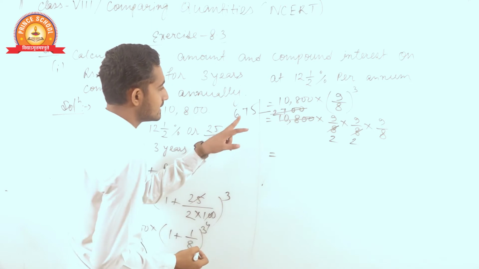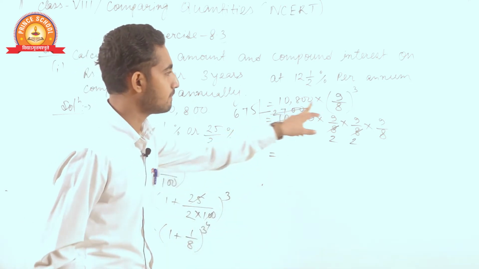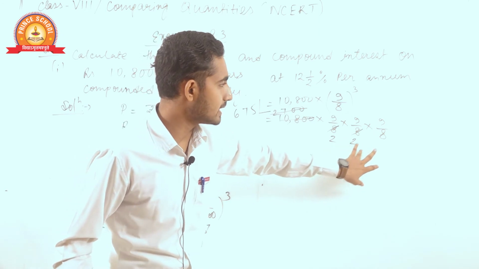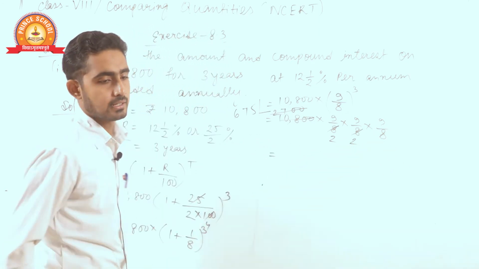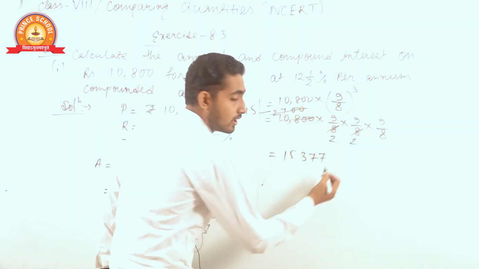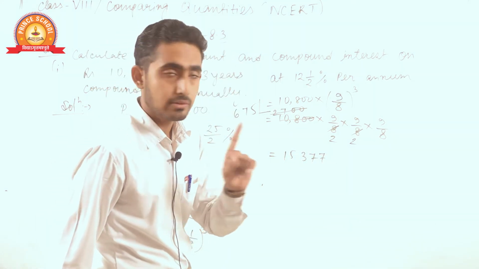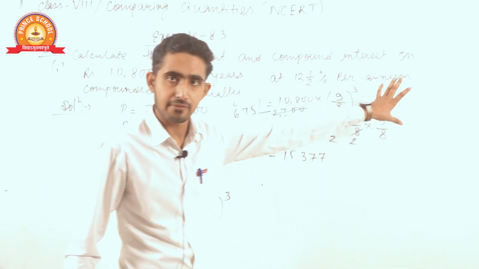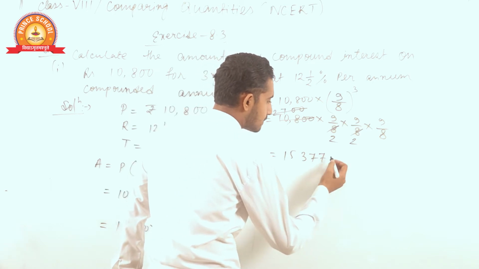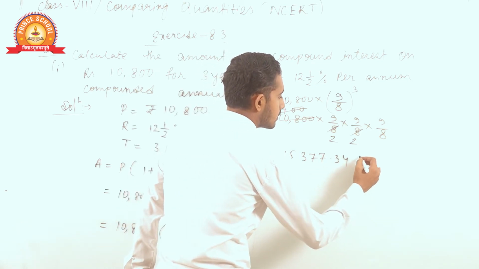So your answer is 675 multiplied by 9 multiplied by 9 multiplied by 9, downside 2 multiplied by 2 multiplied by 8. So your answer is how many? Write down, all of you, 15,377. Okay, always remember when you solve this, take a rough notebook and solve this. So your answer is 15,377.34 rupees.